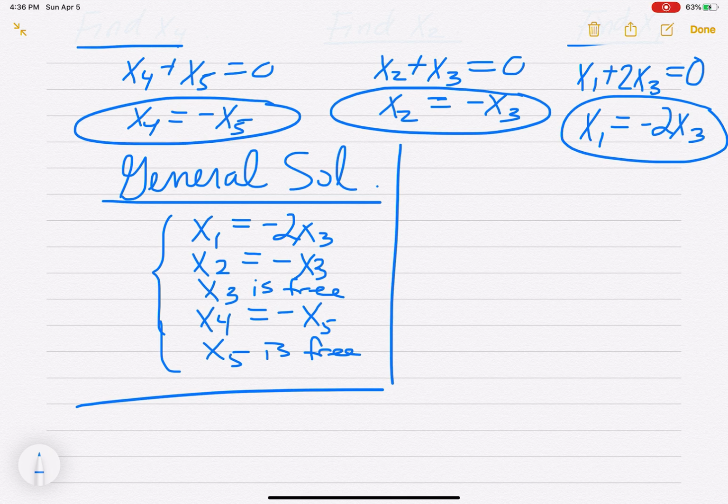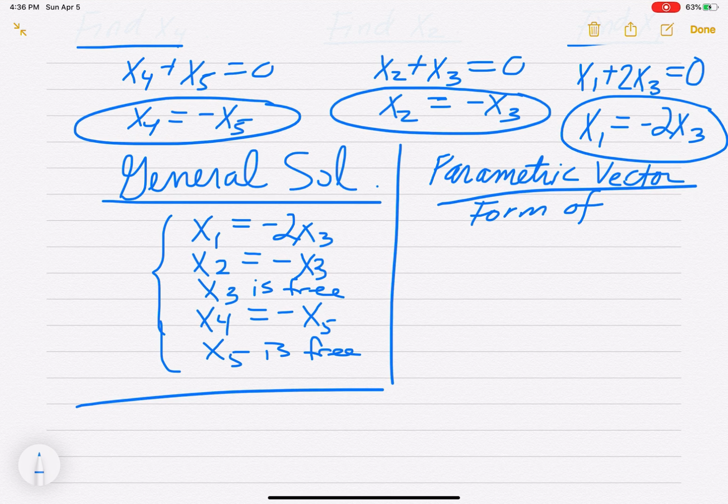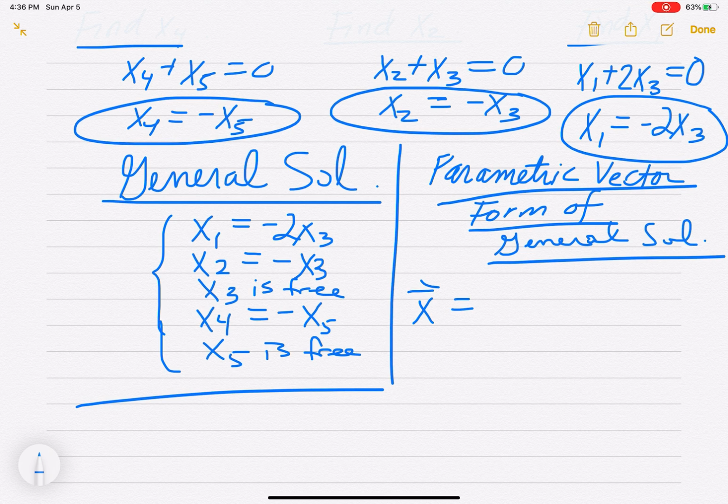Okay, when I write down the parametric vector form of the general solution, that's going to be a vector x consisting of, let's see, 5 entries, right? Negative 2x3, negative x3, x3, negative x5.